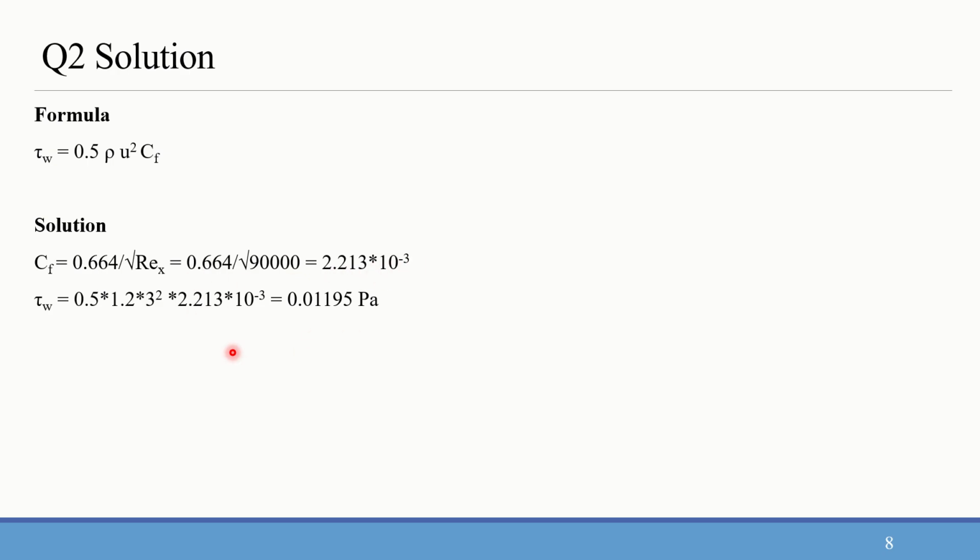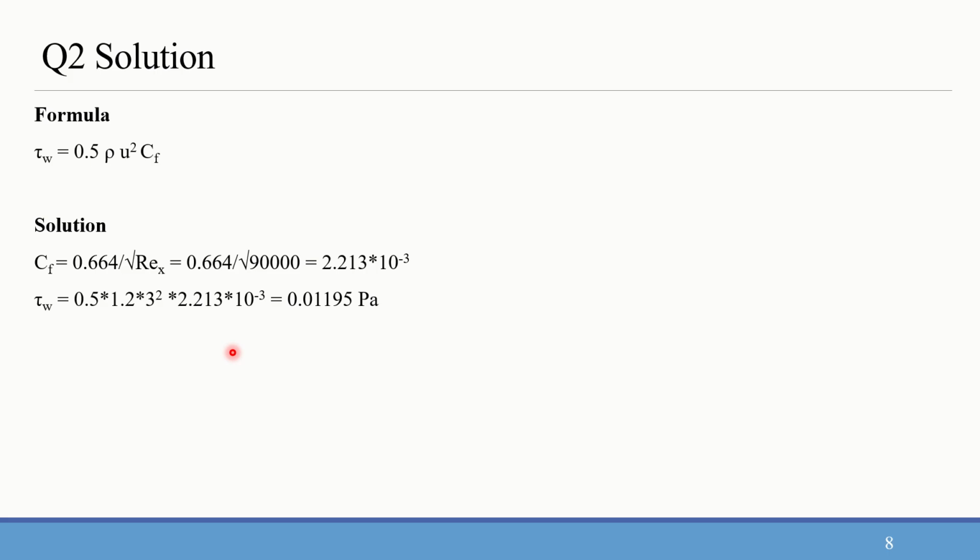So we are substituting everything here. The answer is 0.011952 Pascal. So wall shear stress is roughly 0.0191 Pascal by taking a round off.